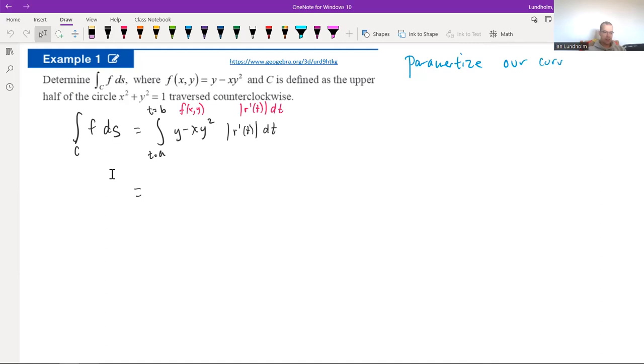We've got the upper portion of the unit circle, and we're traversing it in a counterclockwise orientation. And so I think the parameterization, from polar coordinates, is x equals cosine t and y equals sine t.